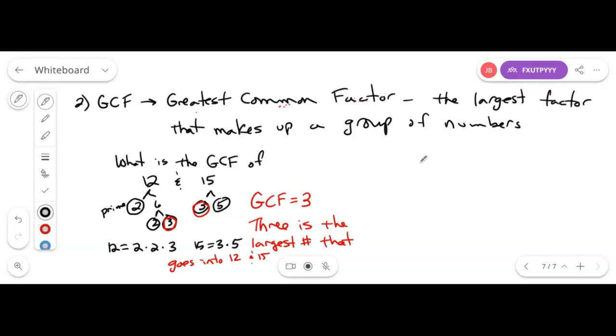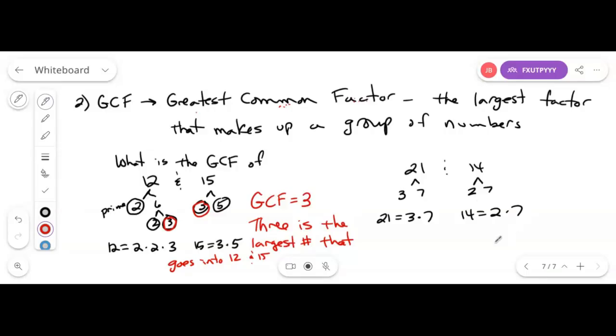Okay. If we had 21 and 14, 21 factors into 3 times 7. 21 is 3 times 7. It's not anything else. 14 is 2 times 7. Those don't break down any further. So 14 is 2 times 7.